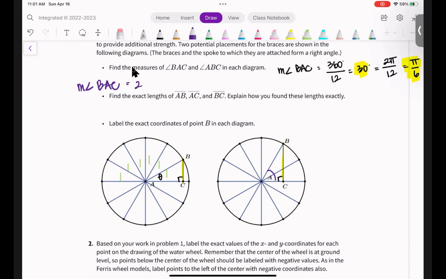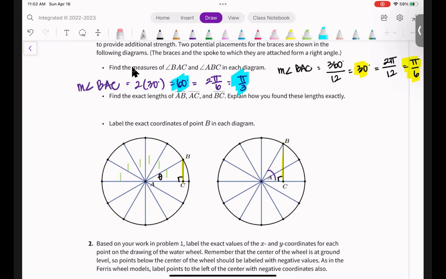So then this is just 2 times 30 degrees, which is 60 degrees. Or it's 2 times pi over 6, which is just pi over 3. Again, thinking about however you calculate stuff, you could have also calculated it different ways, but that's one of the ways that popped out at me.